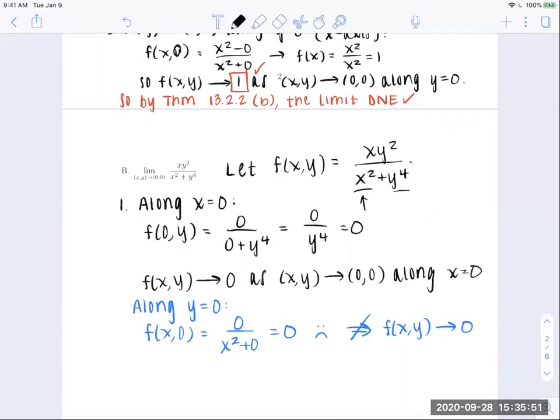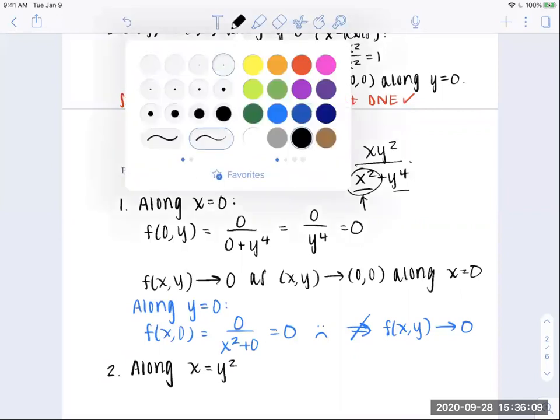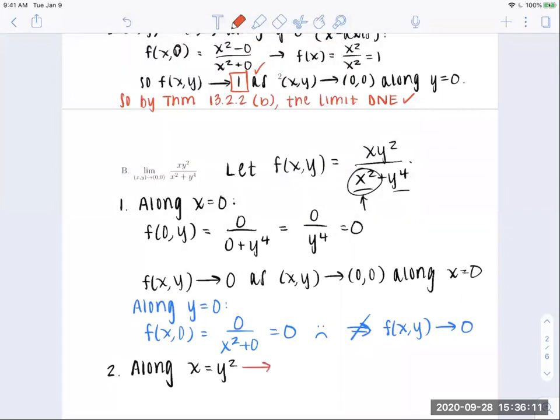So for our second curve, I'm going to strategically choose x equals y squared, so that when I plug it into this term down here, x squared becomes y squared squared, or y to the fourth. Now again, it's very important to note that this curve passes through the point that we're looking at.